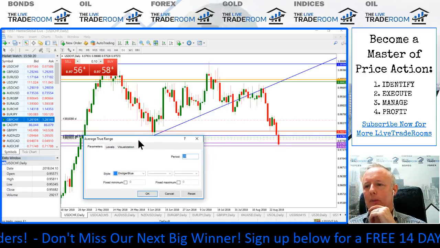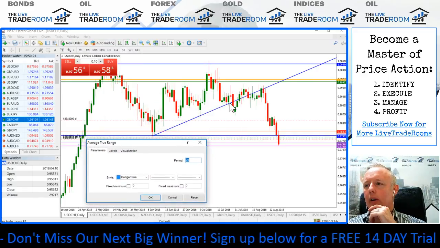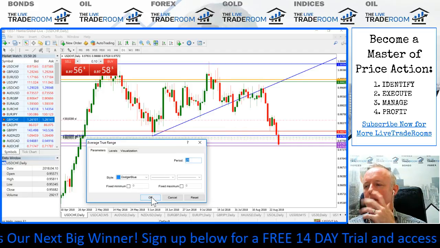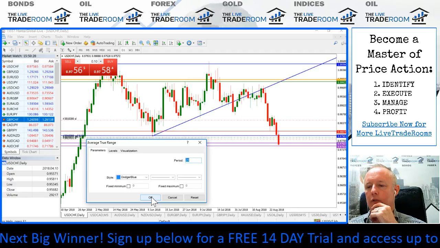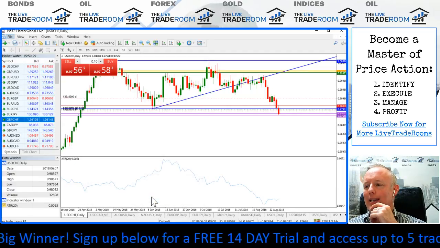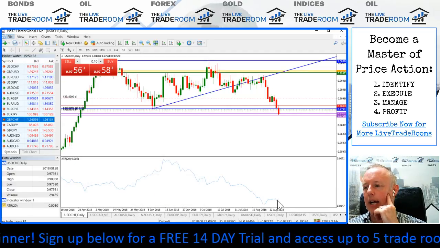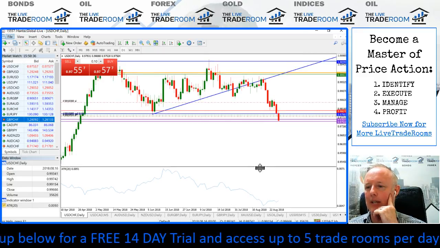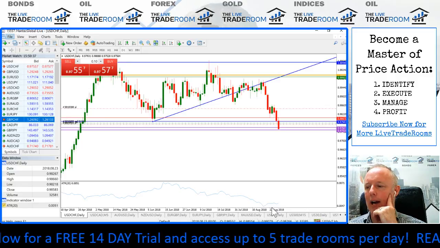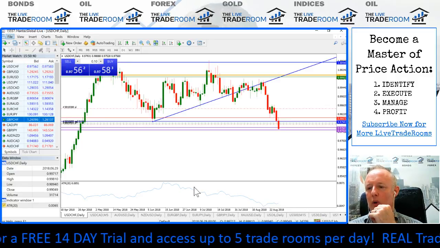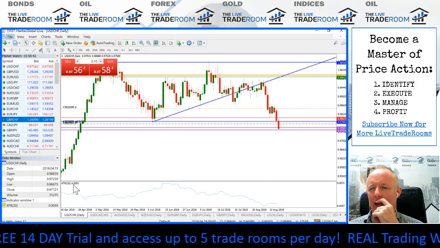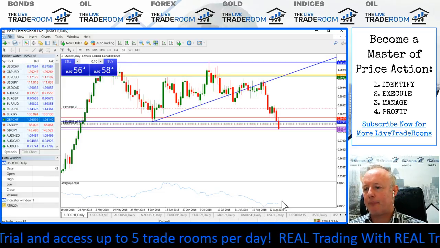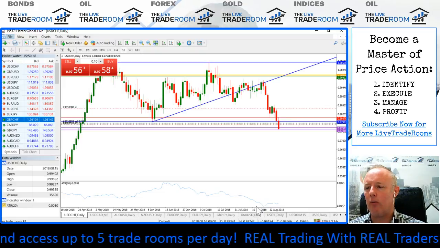You can use a 20 period. All it does is calculate the highs, the lows and the range of the previous 20 days, which is effectively 4 weeks of trading, and we're able to see exactly with this indicator how much volatility is in this market. So how far do these markets move per day? Currently it only moves about 51 pips per day, and as you can see, that's at a real low.